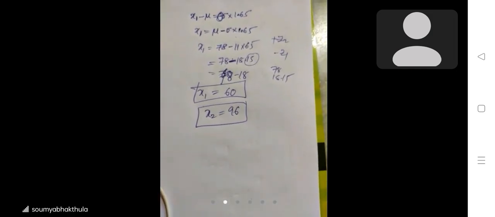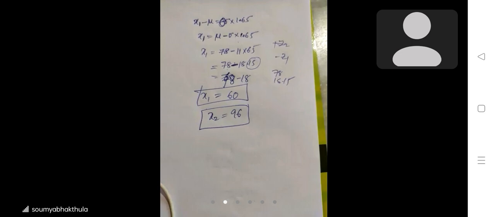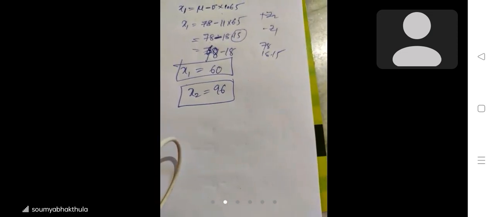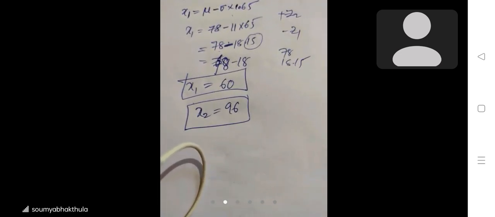Hey Krishna, 117, respond. Are you there? Say yes or no. Okay, 117. And the remaining one, Guru Raj. Yes, ma'am. Okay.